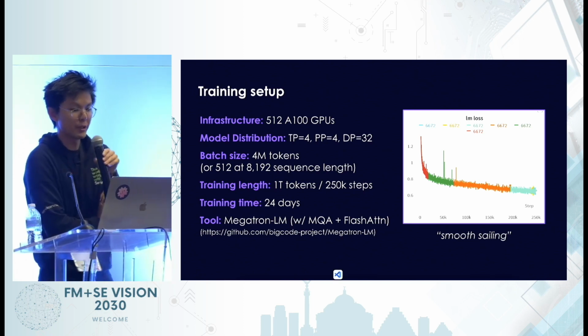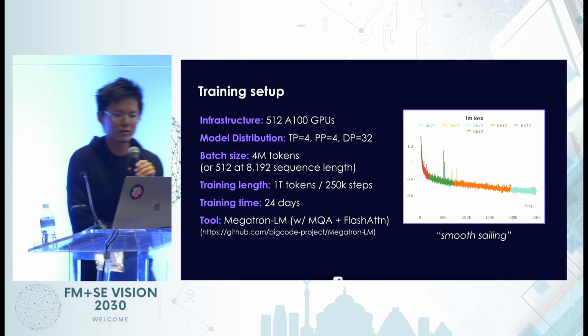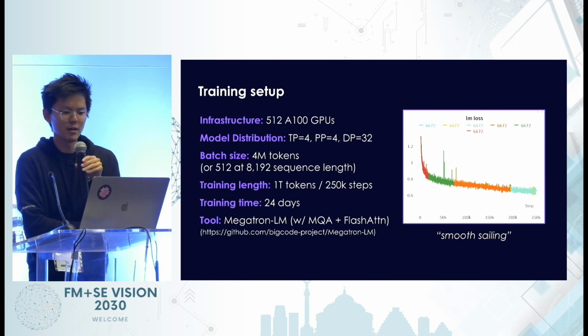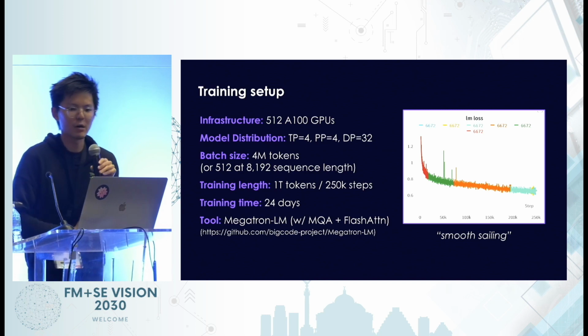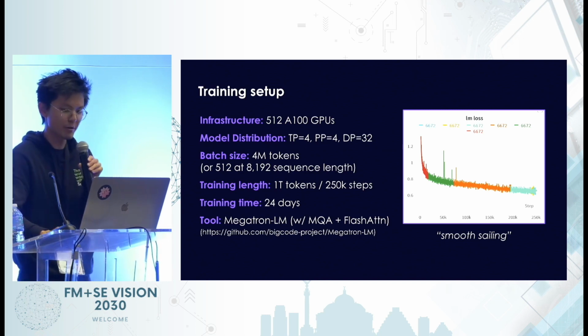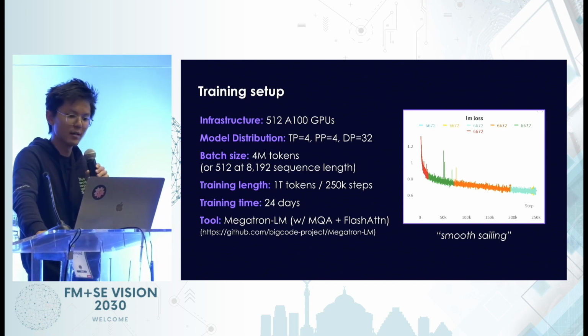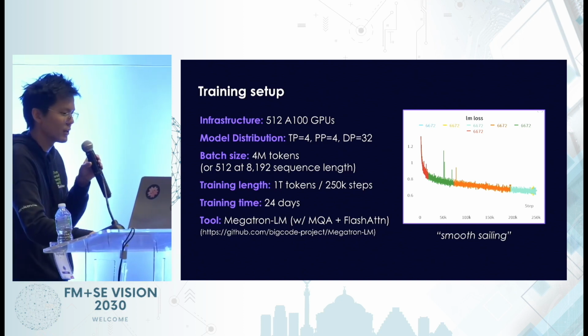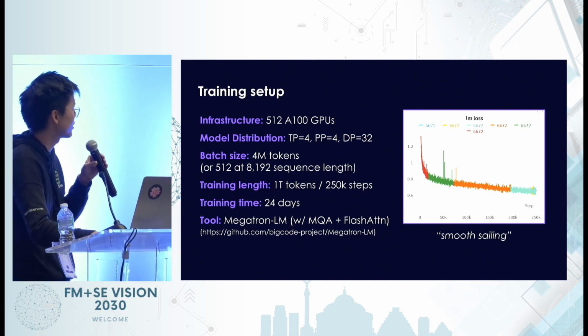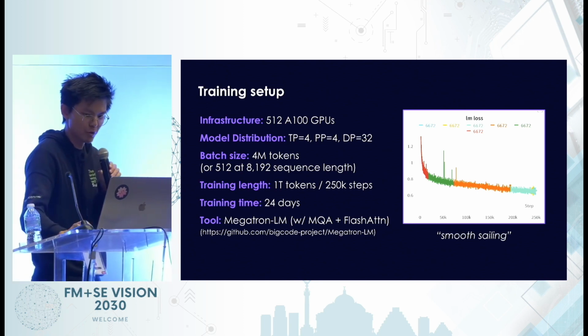So for the training setup, we trained the model on 500 GPUs. It took around a month. We used tensor parallelism, pipeline parallelism, and data parallelism to distribute the training. There are a lot of different frameworks out there for distributed training. We chose to go with Megatron.